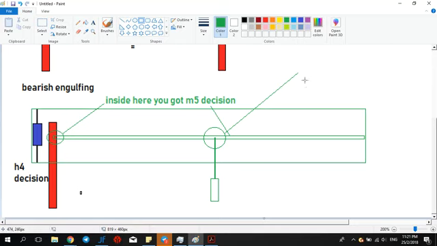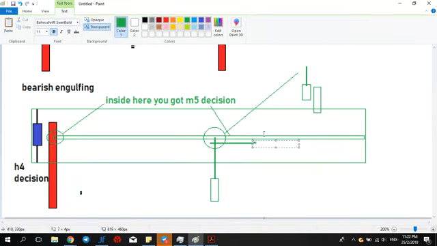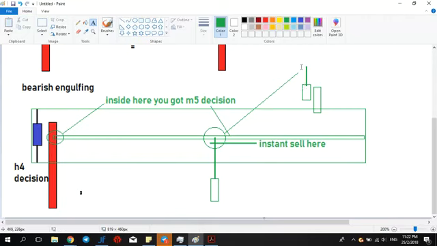It rejects, and then it closes. It opens a new candle, so you can go instant here, for example, instant sell here. Why? Because the decision on your M5 already closed candle. The candle in M5 that you wait for rejection already closed, and it already opened a new candle. So you can go instant.